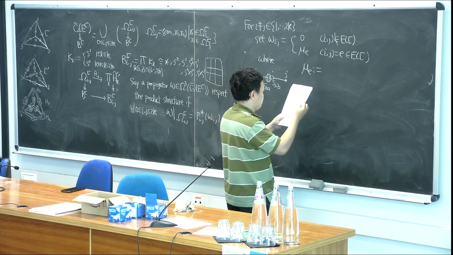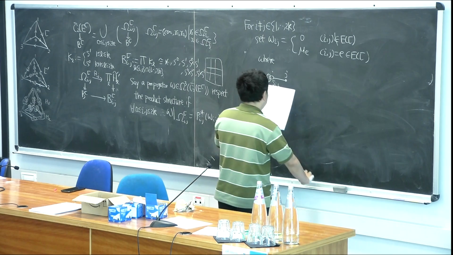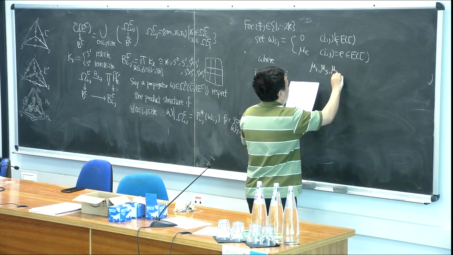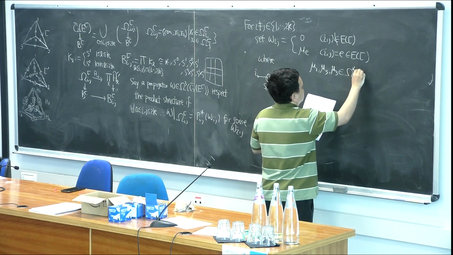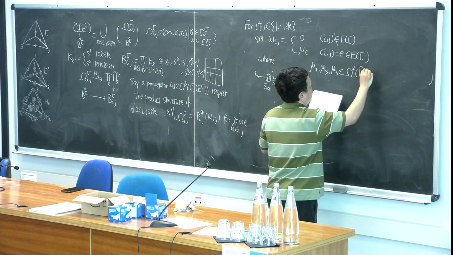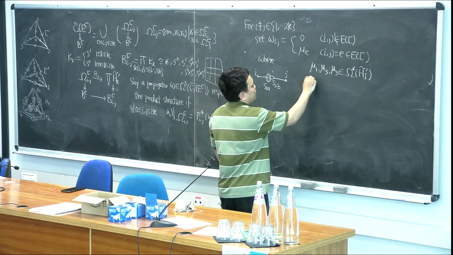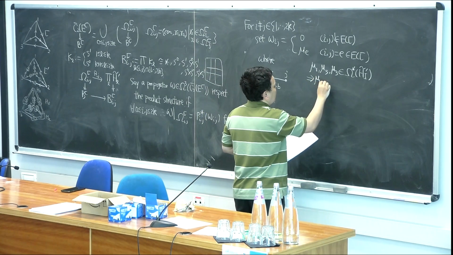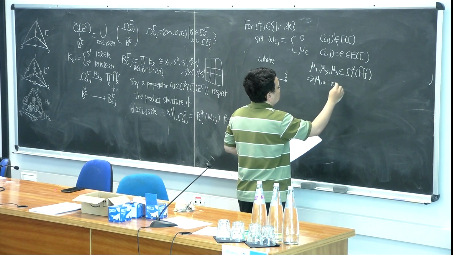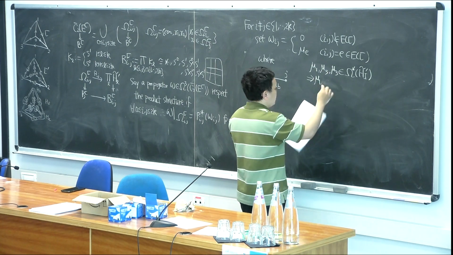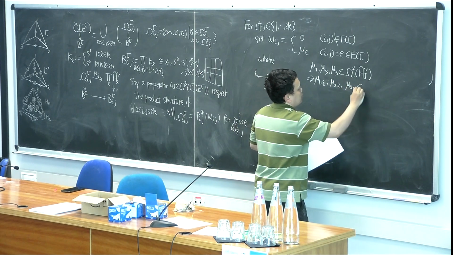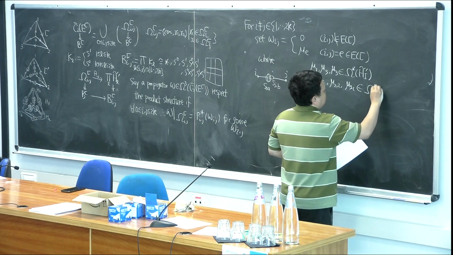Oh, sorry, I forgot. Before that, I need to introduce one more notation. Remember that we have these differential forms on our standard handle body. We can push forward this differential form and get mu1 i, mu2 i, mu3 i in a, which are differential forms.